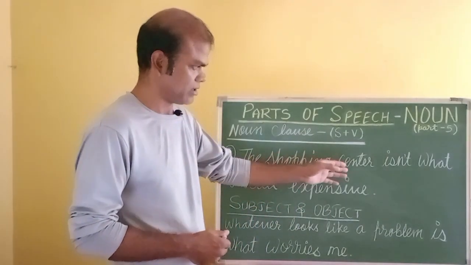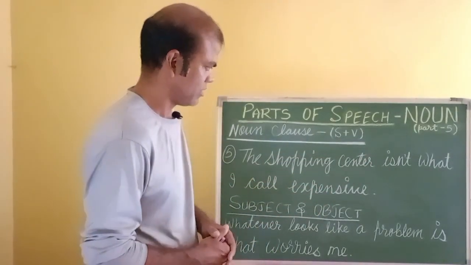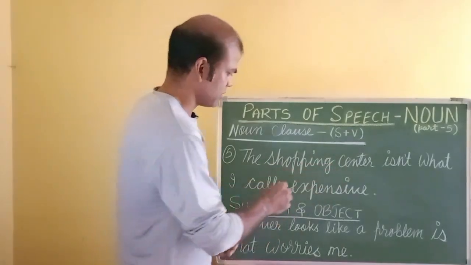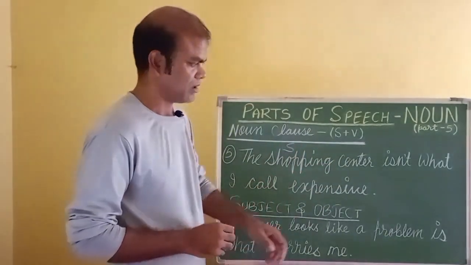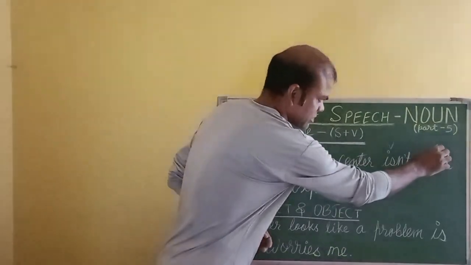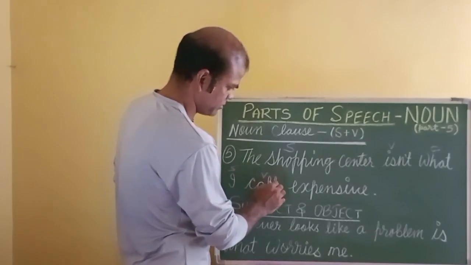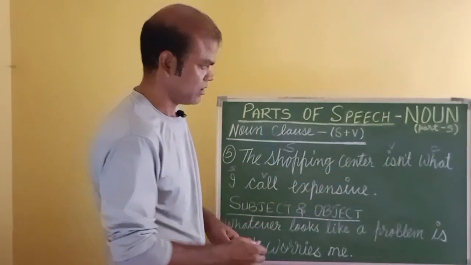The shopping center isn't what I call expensive. Okay, the shopping center is the subject. We have a verb. What is the conjunction? Then we have the subject, verb, and this is the object.